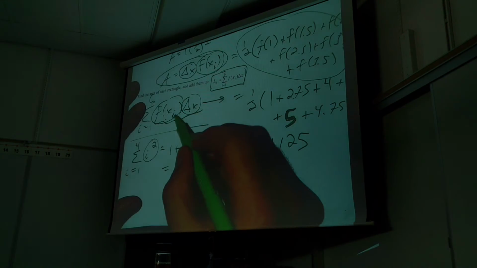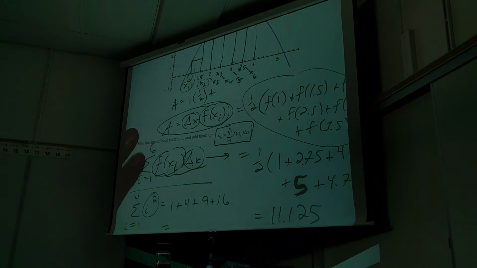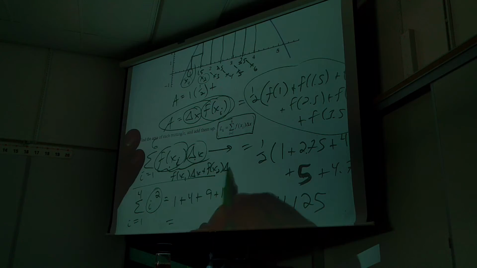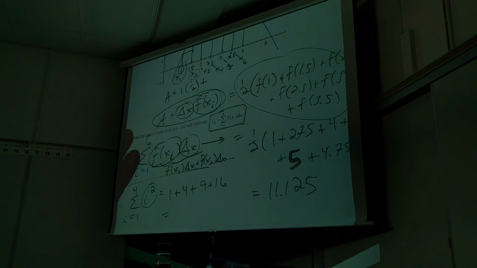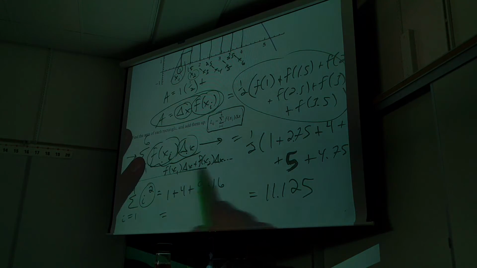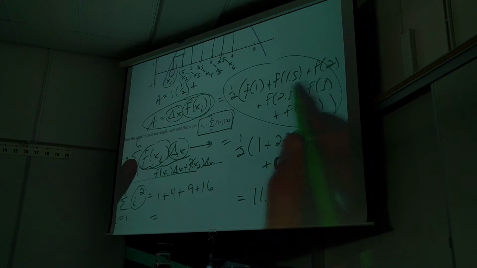This little x dude, this is x1 for the first rectangle, x2. So this becomes x1, x2, x3. So I could say this is f of x1 times delta x plus f of x2 times delta x, and so forth. And then we just factored the delta x out, right? Because they each have a delta x, I could factor that out. And then it's just f of x1 plus f of x2 plus f of x3.